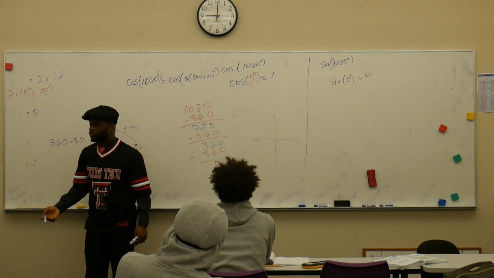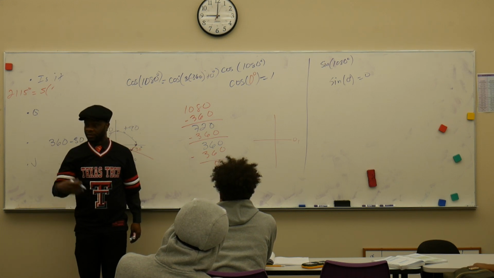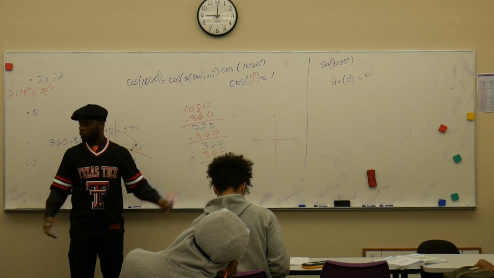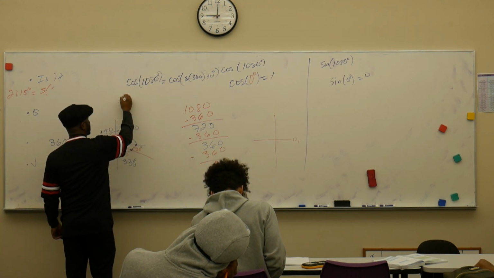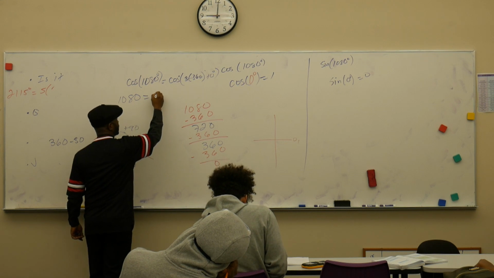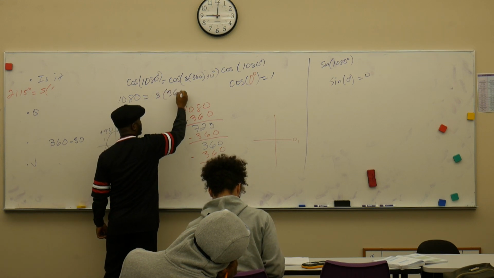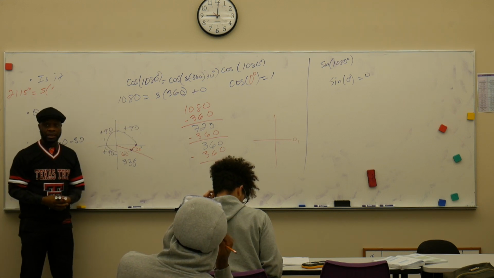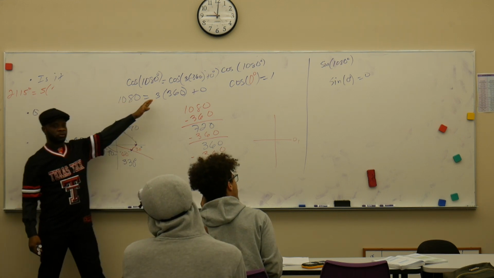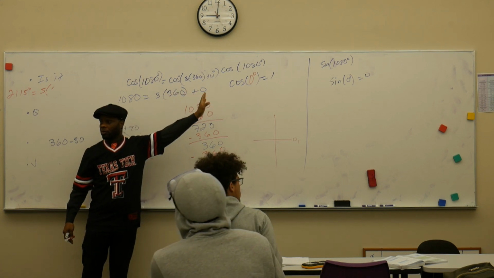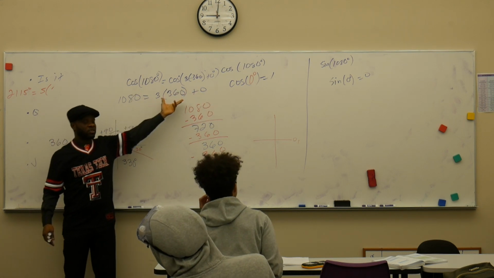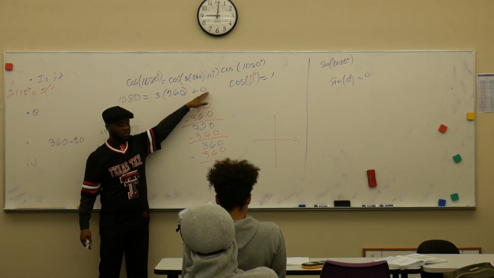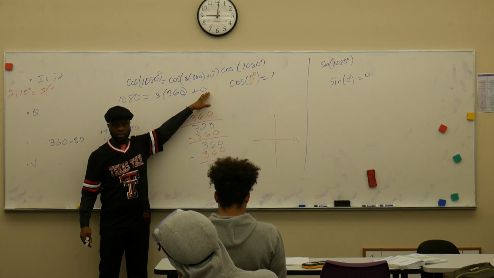Remember that whole teacher's thing or co-worker thing, making money and dividing out even numbers of 360s until whatever's left over is what they care about. So 1080 is 3 times 360 plus 0. Therefore, to find the cosine of 1080, I just need to consider my leftover. My leftover is 0. That's what I'm concerned about, because this is just purely zeros. That's what we've been doing all along.